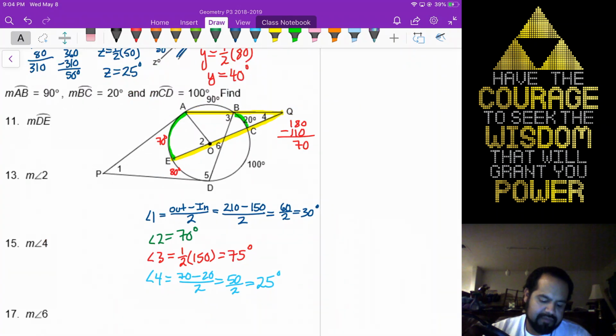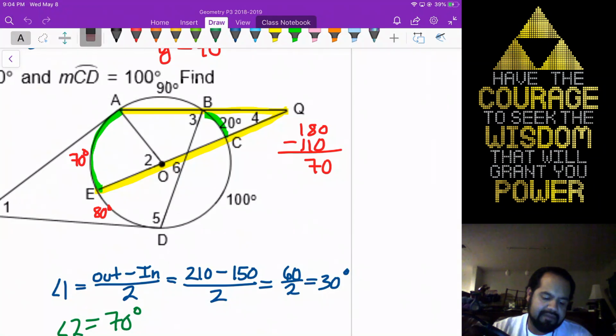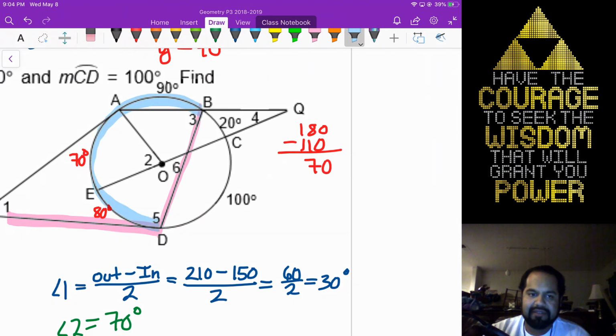All right. Now, looking for angle 5. So angle 5 is this one right here. It's formed by the chord and the tangent line. So this is, again, our poor man's ice cream cone. We're still going to take half of this intercepted arc.